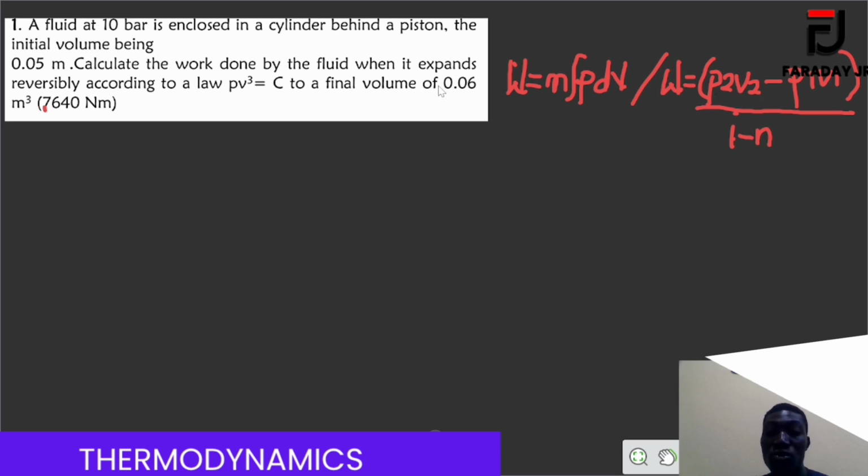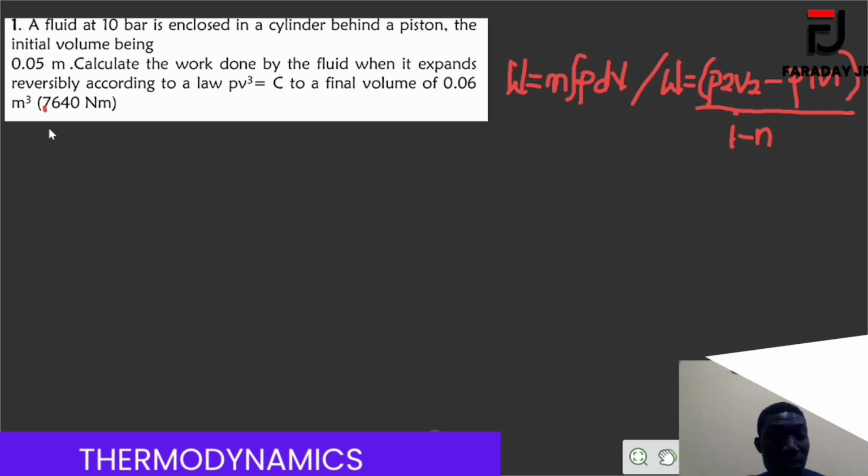You can choose it in two ways. You can decide to use the integral function over here, or you can choose to use this formula as well. So let's solve this particular question together, and I hope all of you get your calculator with you so that you try as much as possible to solve this particular problem.